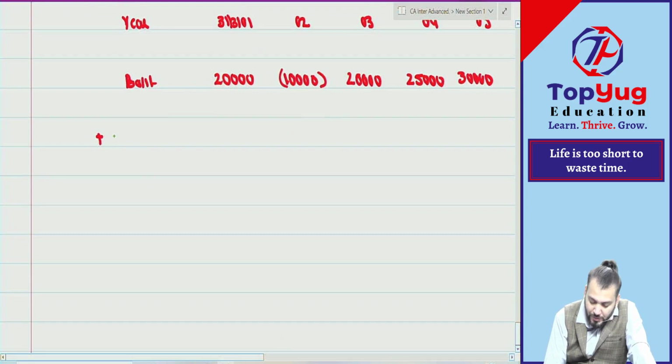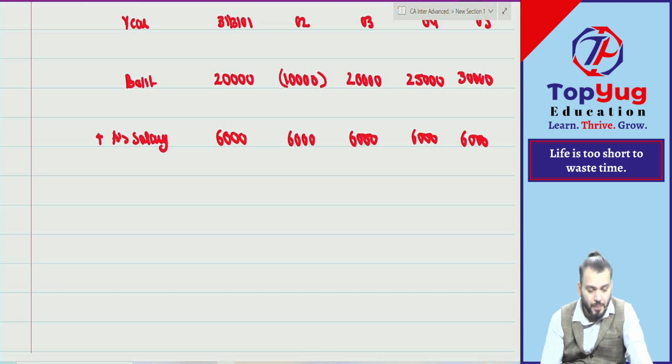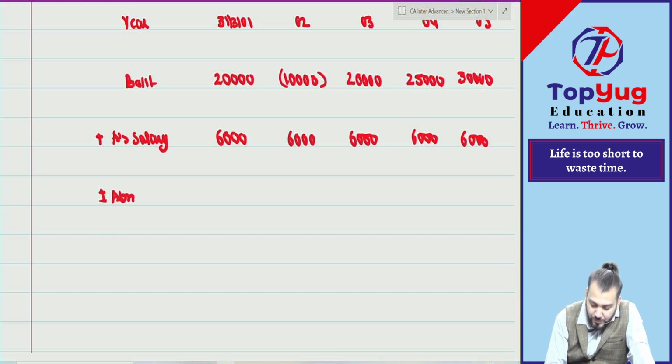Plus what? A's salary will be added. How much? 6,000, 6,000, 6,000, 6,000, 6,000. Then next adjustment is what? Can I say plus minus abnormal item?